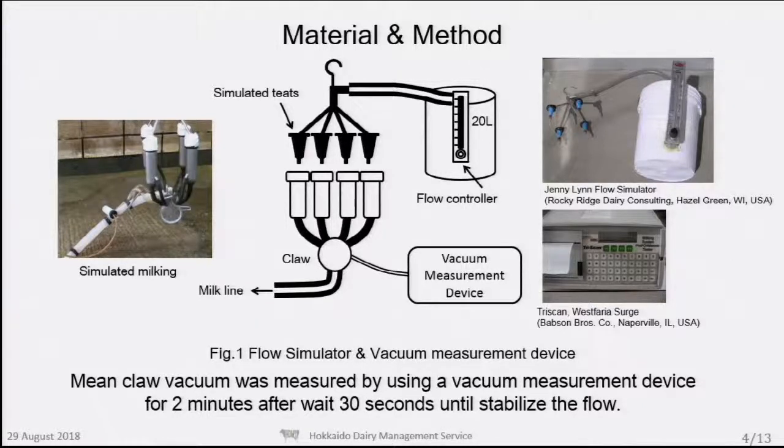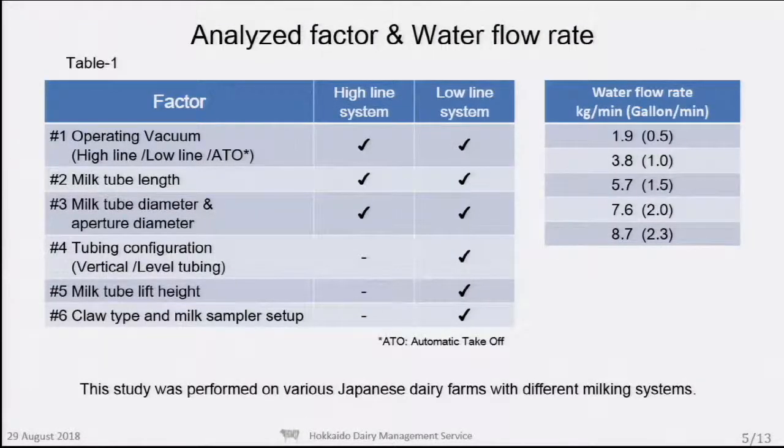Mean claw vacuum was measured 2 minutes after waiting 30 seconds until the flow stabilized. Analyzed factors and water flow rates. Water flow rates have 5 steps, 1.9 kilograms to 8.7 kilograms per minute.